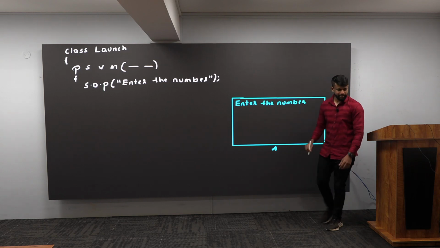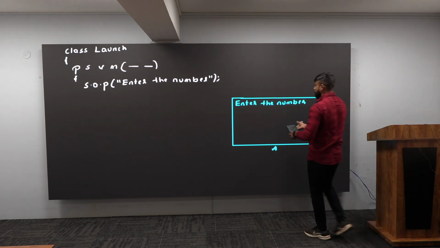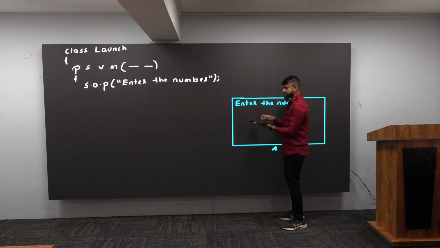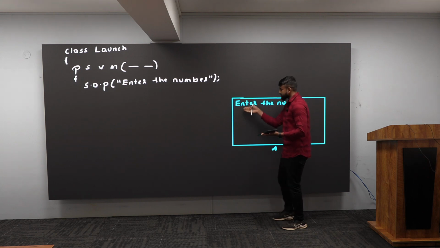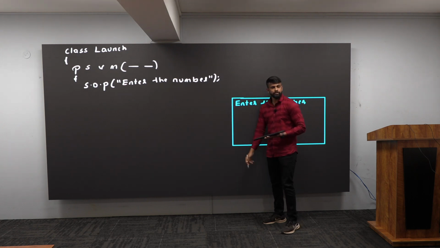Enter the number means I should take my keyboard now, and using this keyboard, I have to enter the data. How you will enter the data, sir? One number it is asking me to enter. One number I will enter there, like 20. If I hit enter, that 20 should be taken inside my program now. How is that, sir?